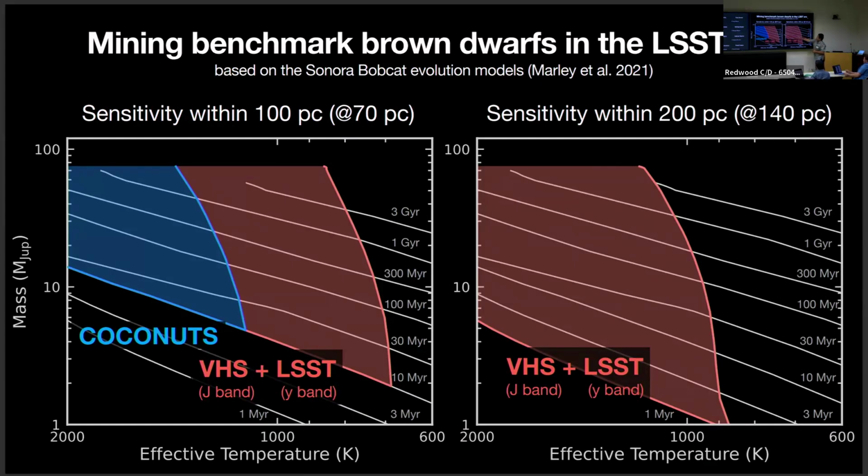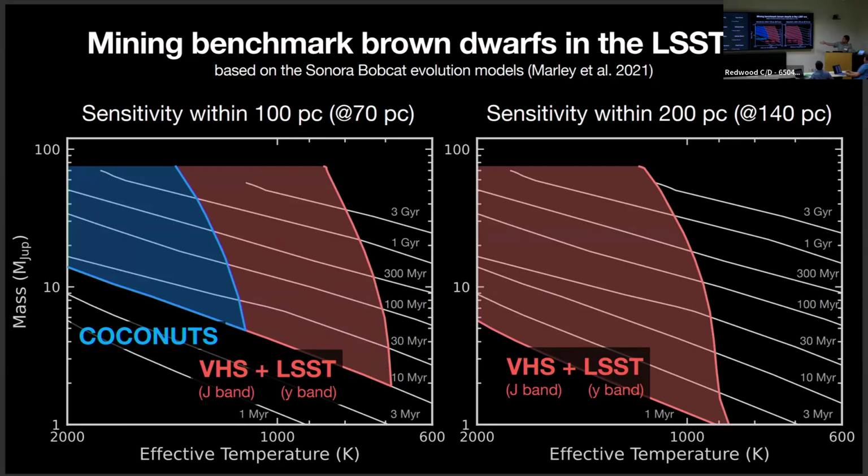That will further push down the boundary to around 1 million years. I have done the calculation: if we have 10-year LSST data in the Y band plus a deep Euclid J band, we'll be able to push the boundary to around 500 Kelvin in effective temperature. That will give us some sub-Jupiter mass companions.